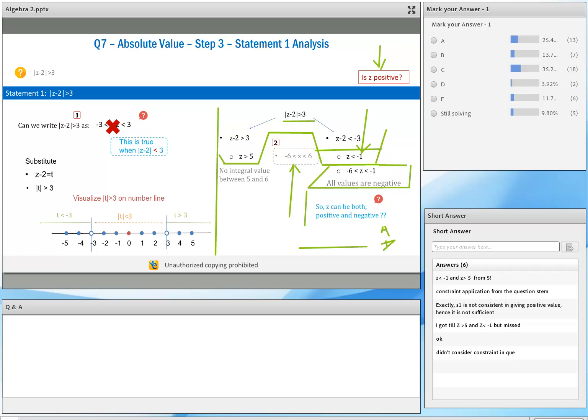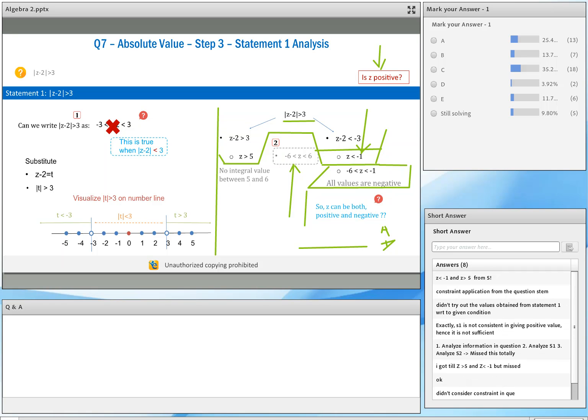S1 is not consistent in giving positive value. Well, again, I think where you are having issues is what the data sufficiency question is asking you: is z positive? What you have to answer is, can you confidently say whether z is positive? Can you confidently say that z is negative? That is how you have to look at this data sufficiency question.